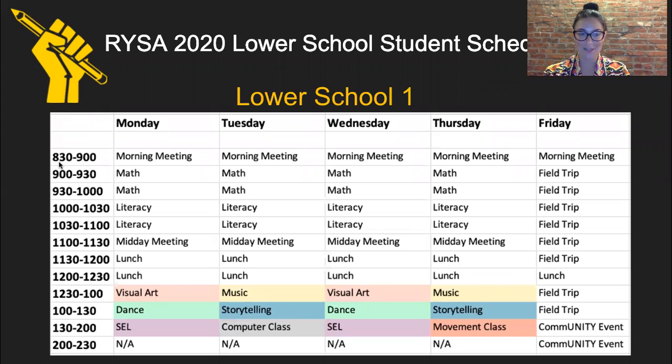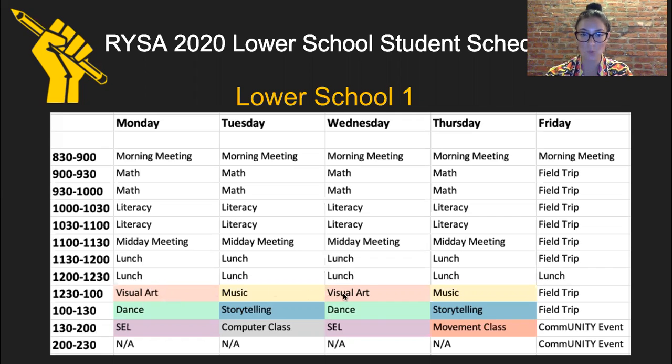Notice that students in lower school begin their day at 8:30 a.m. with a morning meeting, followed by math from 9 until 10 a.m., literacy instruction from 10 until 11 a.m., a midday meeting from 11 until 11:30, lunch where they are offline from 11:30 until 12:30, and then arts classes in the afternoon.